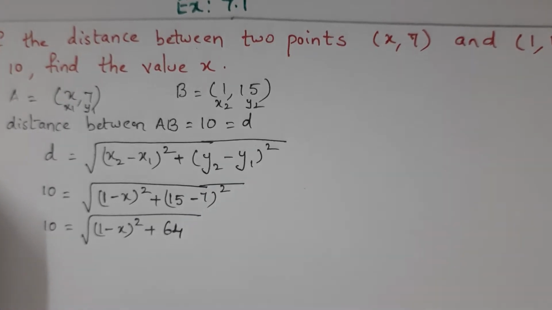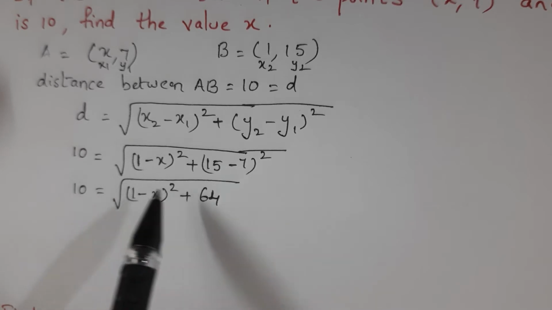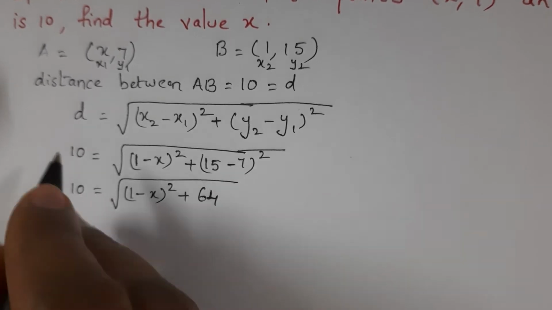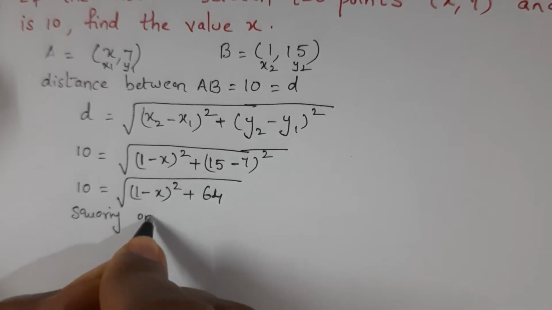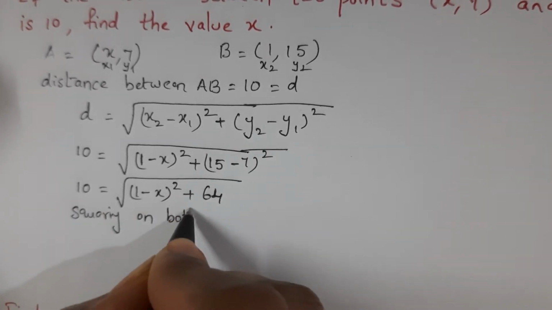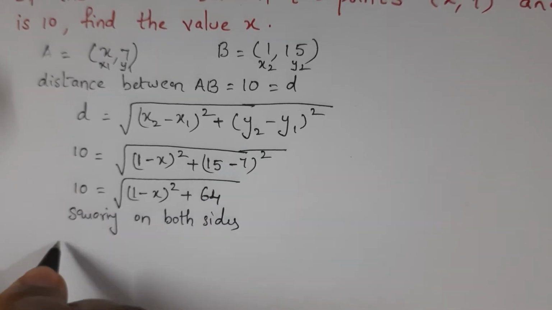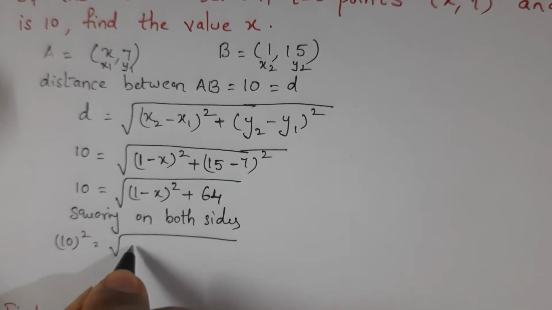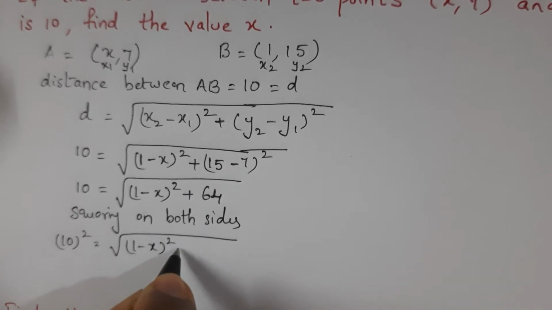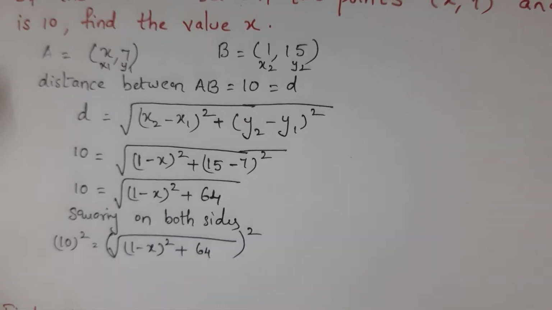Now, to remove this square root, we have to square on both sides. So therefore, squaring on both sides, then 10 whole square. Now this square root 1 minus x whole square plus 64 we have to do square.